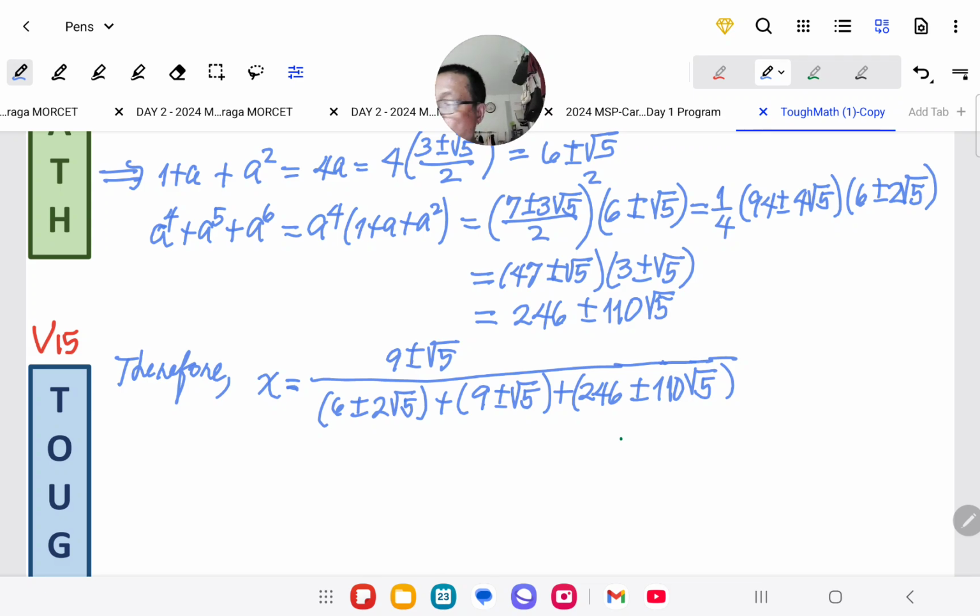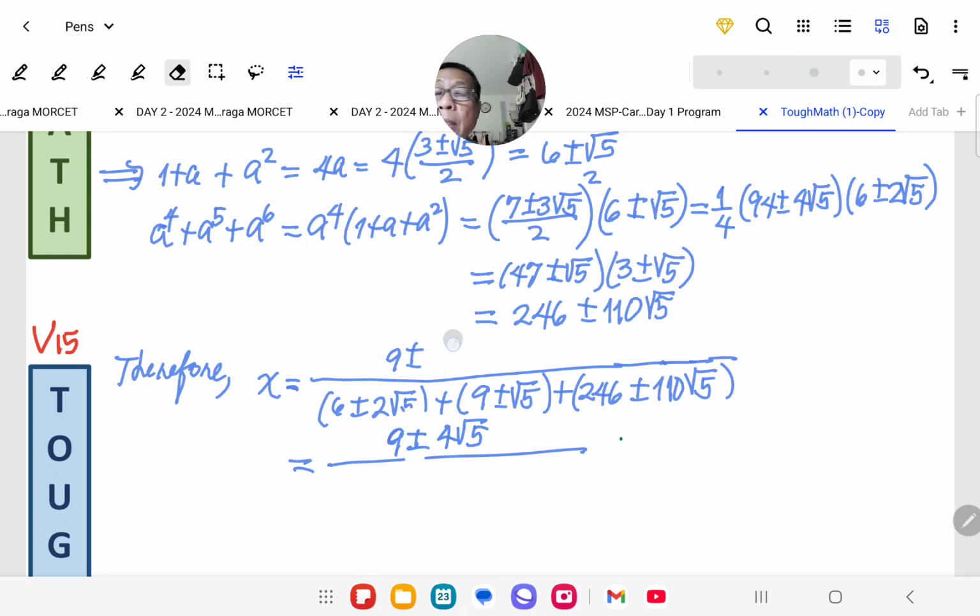Okay, so we have 9 plus or minus the square root of 5, this is 9 plus or minus 4 times the square root of 5. By the way, this is 4 times the square root of 5.